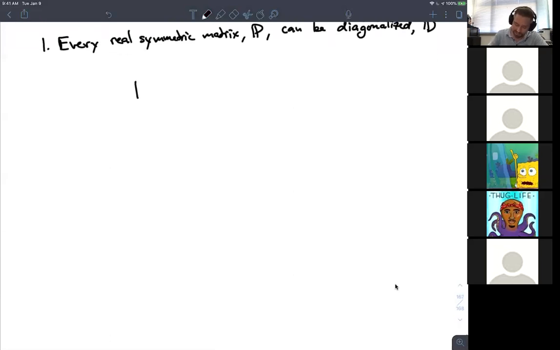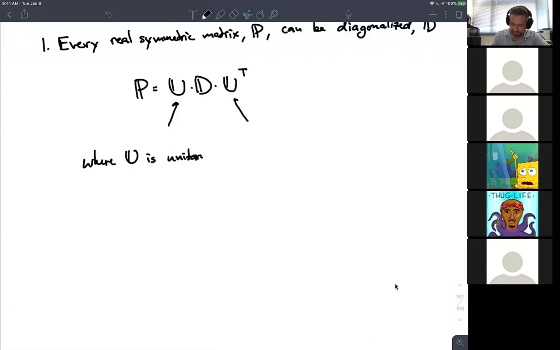So P is equal to D, and the way that you get from P to D is that you multiply D on both sides by U and the transpose of U. The reason you call it U is that U is unitary. Specifically, what that means is that U times U transpose is equal to the identity matrix. That is the definition of unitarity.